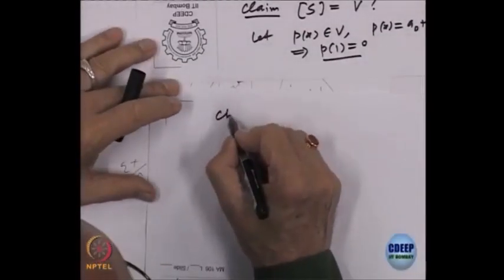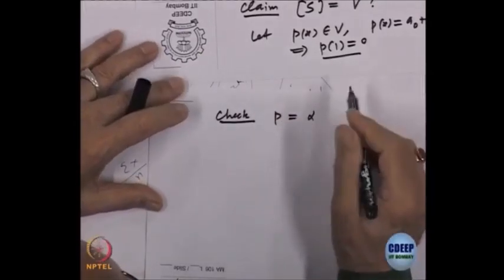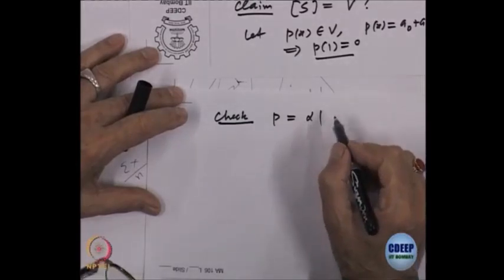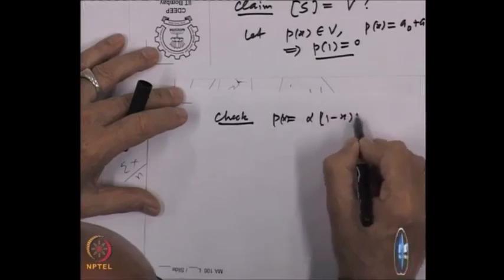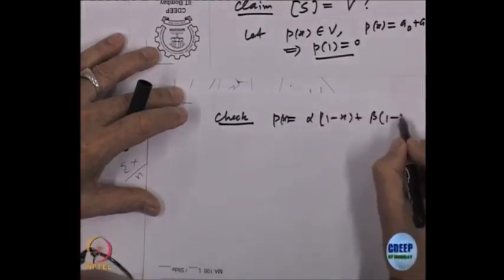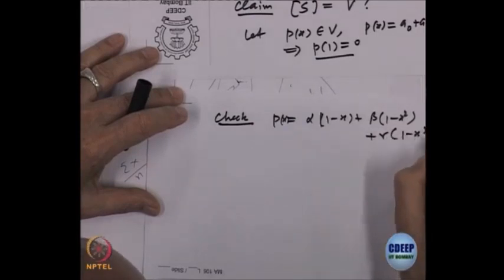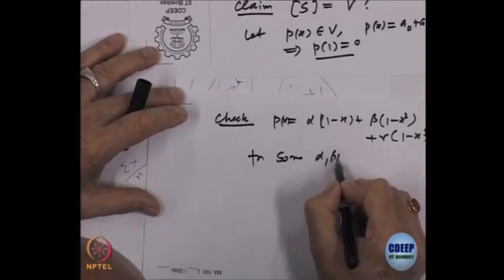I should check P(x) is equal to alpha times (1 minus x) plus beta times (1 minus x) square plus gamma times (1 minus x) cube, for some alpha, beta and gamma.